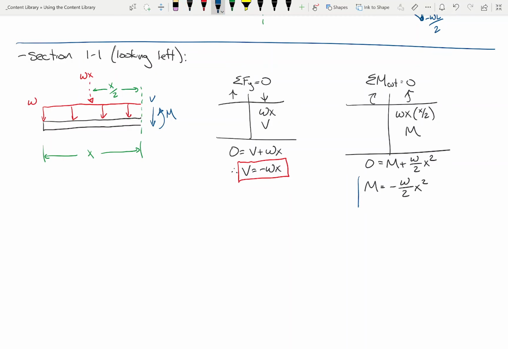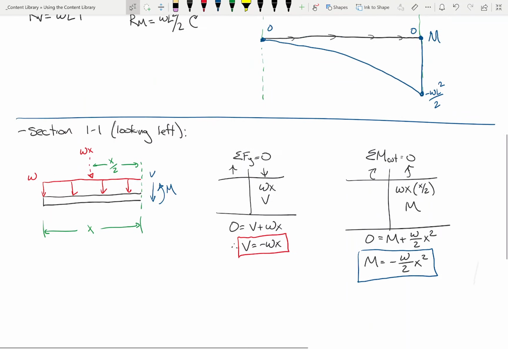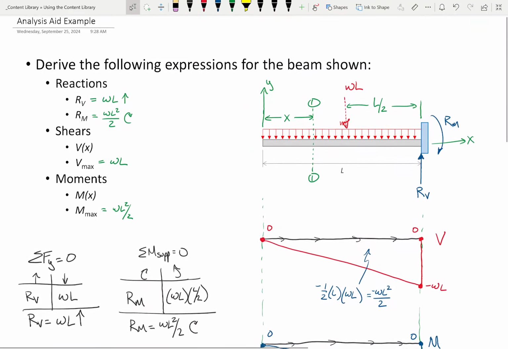Notice anything about the red and the blue boxes? What is the derivative of that? It's that, right?